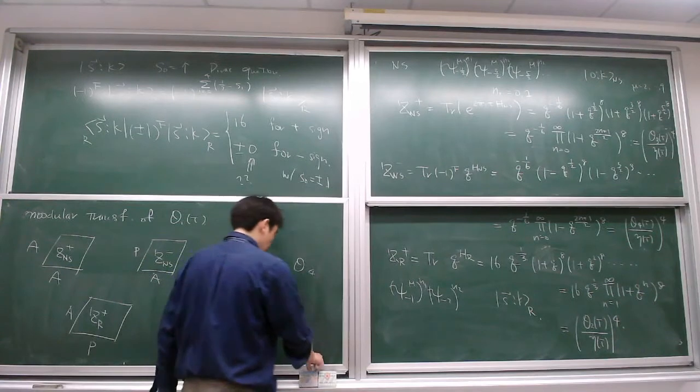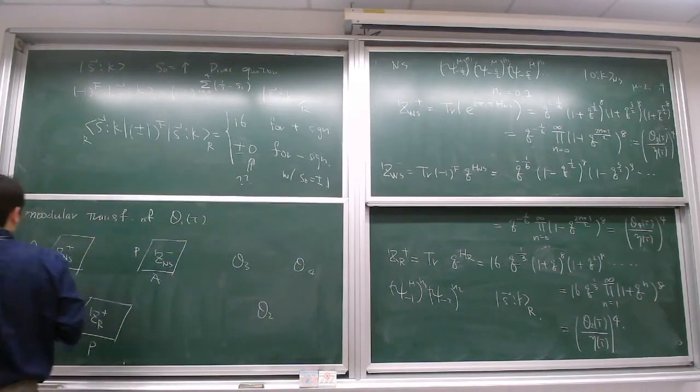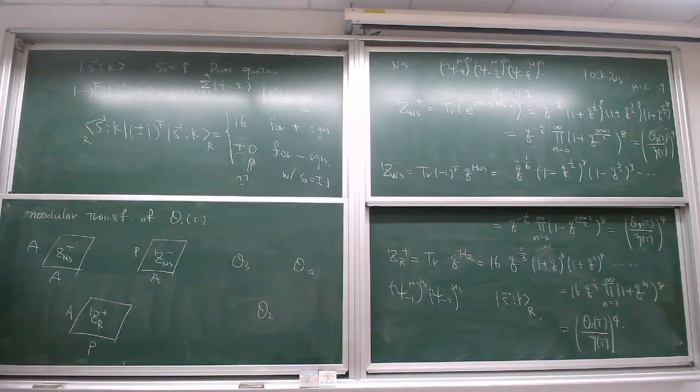As you can easily see, in modular transformation, S swaps the spatial and the time direction. You swap spatial and time direction. Anti-periodic does not change anything. Therefore, it's invariant under the S transformation. And if you do the T transformation, it just tilts this line to this line in diagonal. Okay.